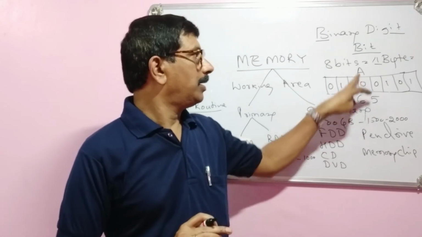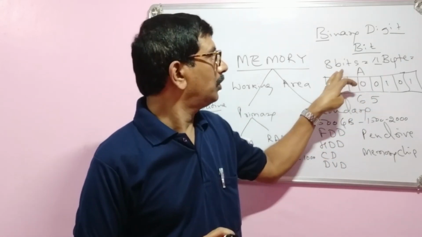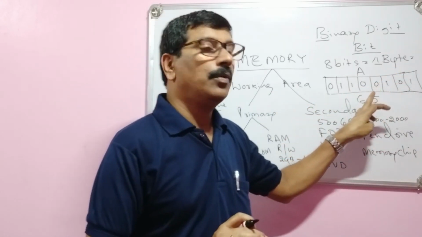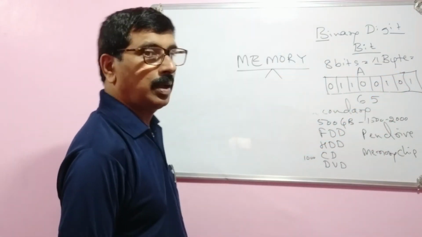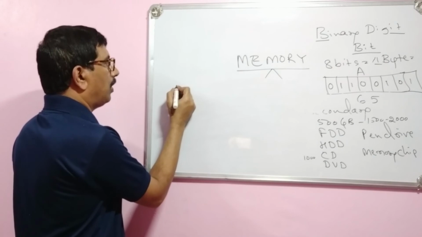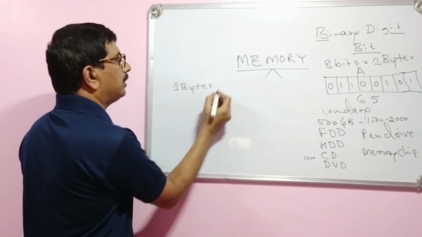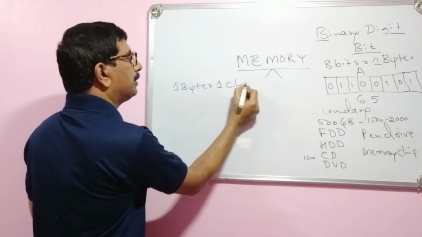And this concept we call 1 byte of information. 1 byte means 1 character. I'll write down all those things clearly. 1 byte is equal to 1 character.